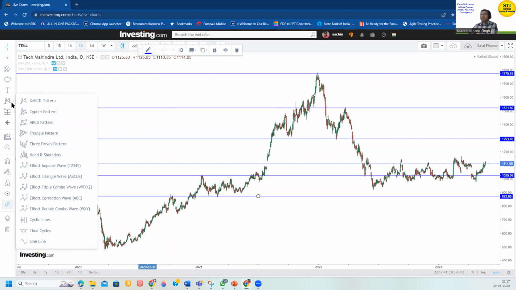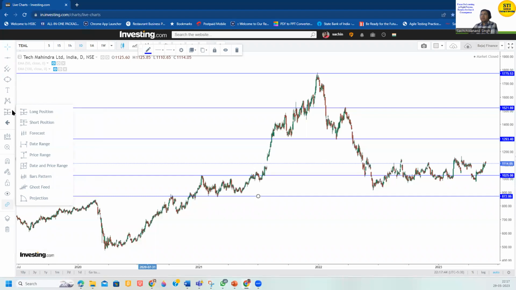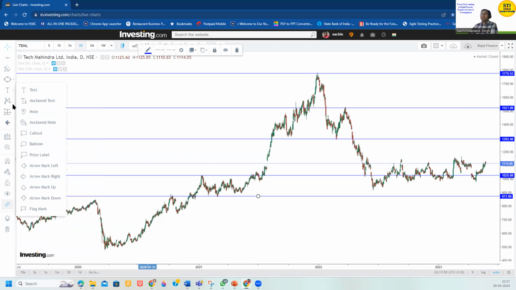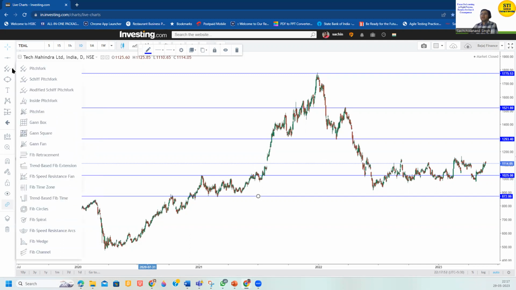Where is the Fibonacci retracement? It should be here or here. No, sorry, it is there in the third one itself. So in the third toolbar option, if you see here, there is the Fib retracement. So that is the tool.